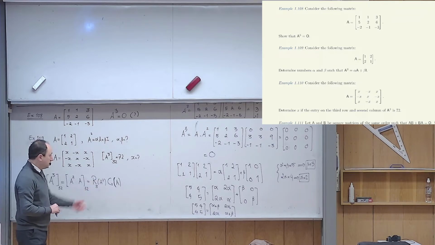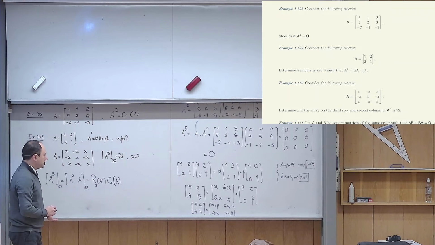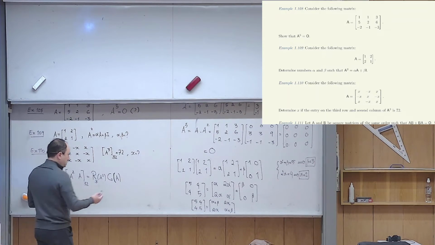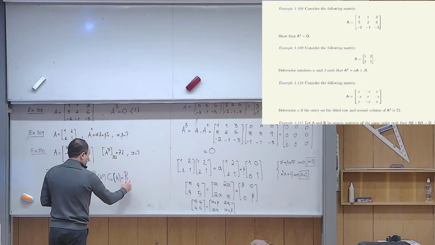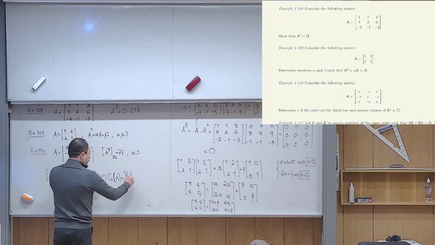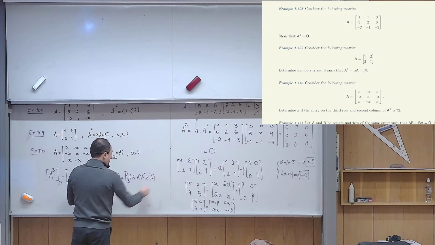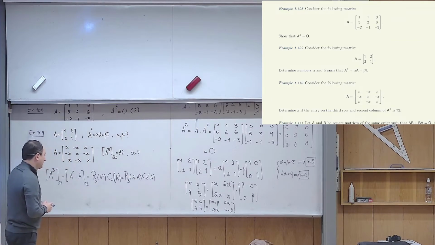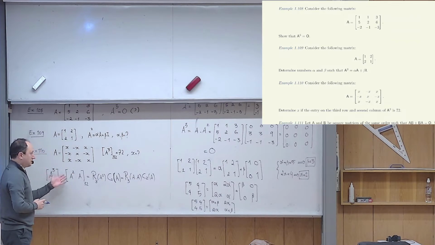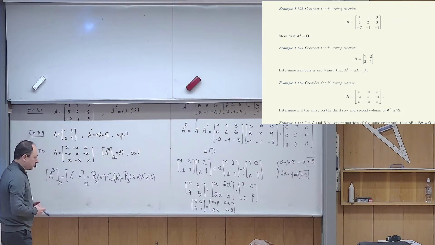But A squared can also be viewed as a product. It is a product, yes? So the third row of A squared, I can write it like this, and then multiply it by the second column of A. Of course, it seems that I am writing the same amount of thing, but I'm trying to explain it. This is why it seems lengthy, but this is more efficient to do.